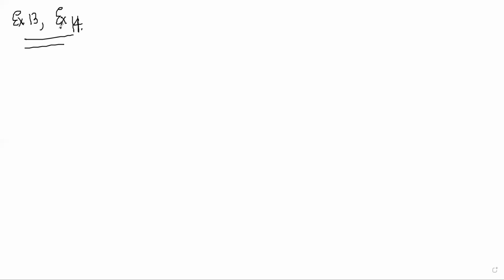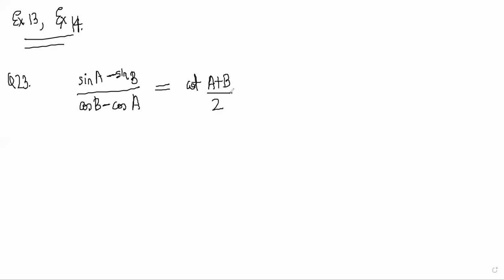So one example that we can take is, let's say, question number 23, exercise 14. Question 23 says prove that (sine A minus sine B) by (cos B minus cos A) is equal to cot of (A plus B) by 2, right?